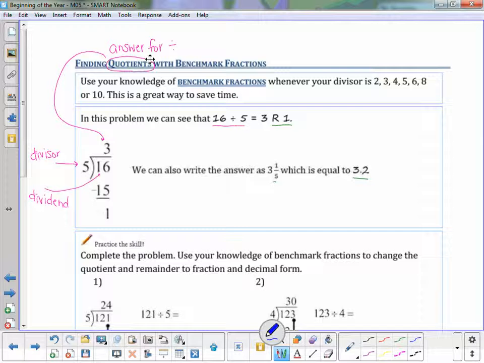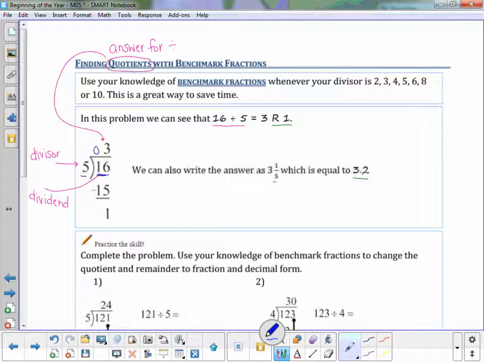So we have 16 divided by 5. 5 doesn't go into 1, okay? It goes into 0 times. But 5 does go into 16, and it goes in 3 times. I'll erase that just so we don't think that it's a decimal point there. 5 times 3 is 15.